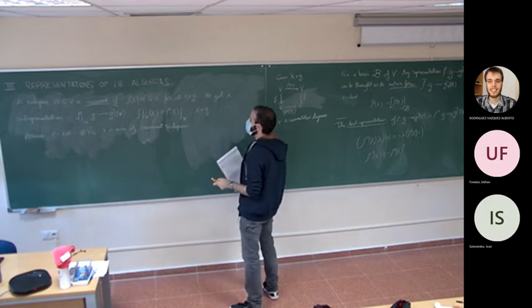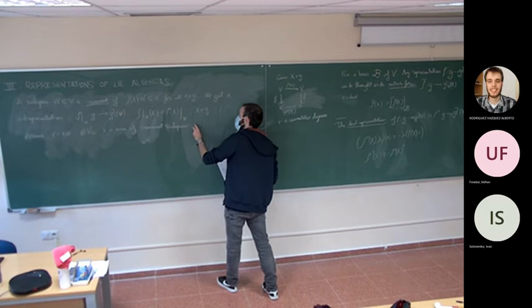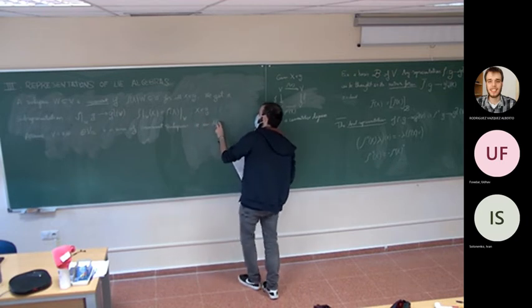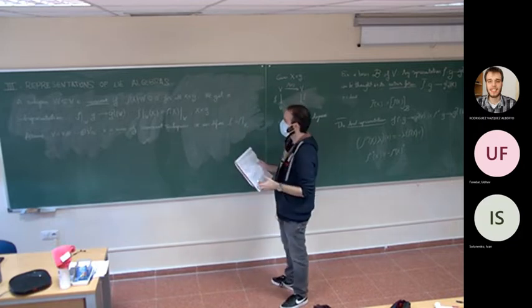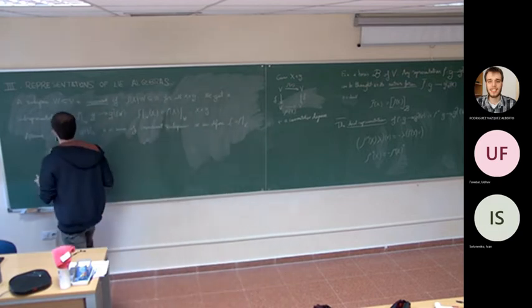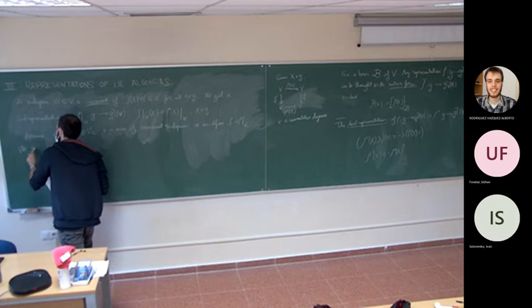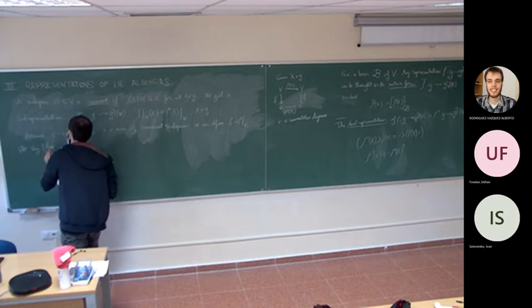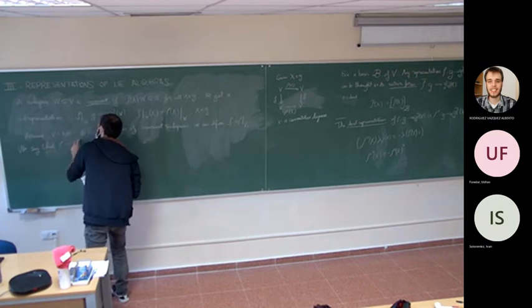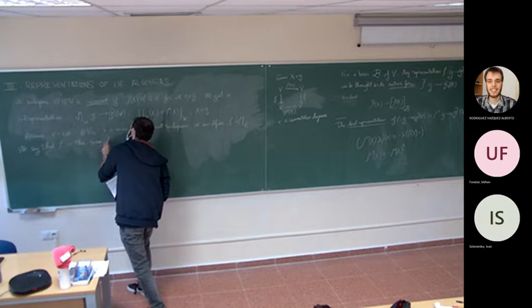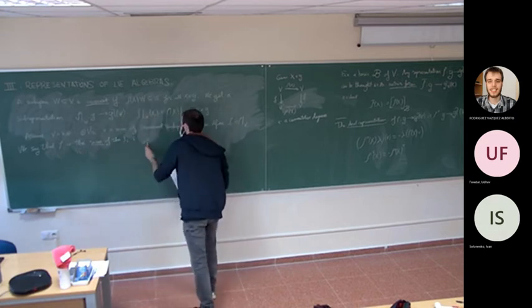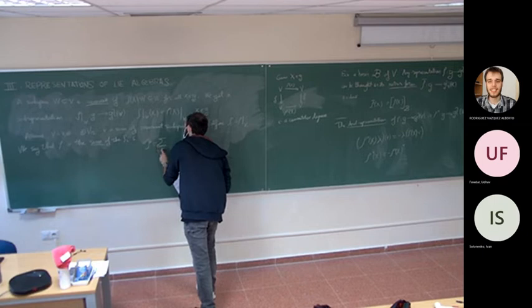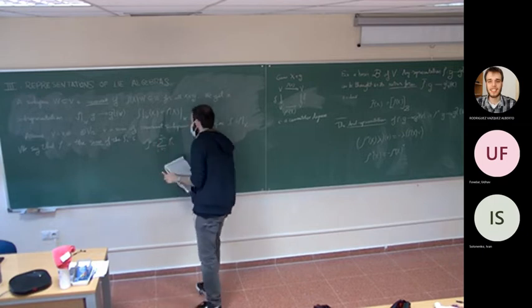Since it's the sum of invariant subspaces, we can define the restrictions, which we denote simply by rho sub I. So in this sense, we will say that rho is the sum of the invariant subrepresentations, that rho is the sum of the rho I. And we denote it simply by rho equals sum from 1 to R of the rho sub I.